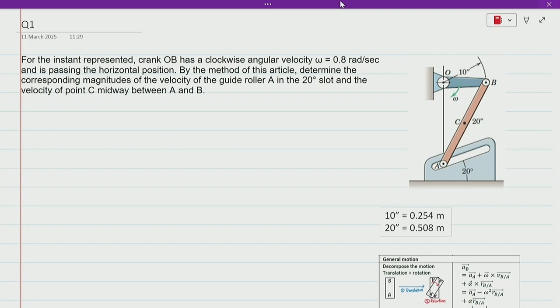Set upside down. It's not rotating. Yeah, it's kind of stuck.